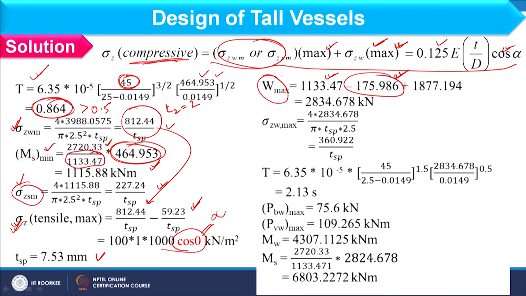However, when I am calculating the maximum possible load, I should consider the weight of liquid at test condition, okay. And how this value can be obtained, that you can see in the last lecture. So, maximum weight we can obtain as 2834.678 kilonewton, and corresponding to this we can find out sigma ZW, and that should come out as 360.922 by TSP, right.